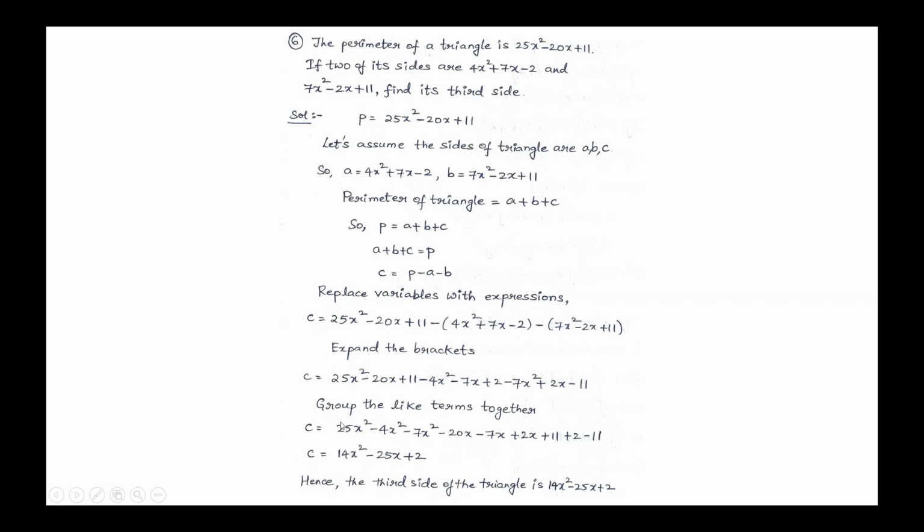Group the like terms together and write C is equal to 25x² − 4x² − 7x² − 20x − 7x + 2x + 11 + 2 − 11. So C is equal to 14x² − 25x + 2. Hence the third side of the triangle is 14x² − 25x + 2.